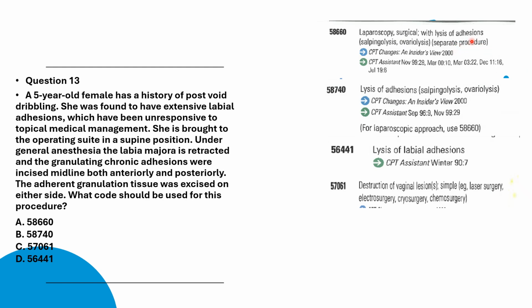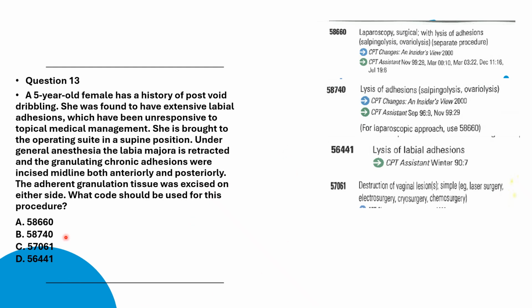Lysis means the breakdown of the adhesion, and it is laparoscopy. First of all, I do not see any laparoscopy in this particular encounter, and secondly, this adhesion is for the fallopian tube and the ovaries. Of course, it has happened to the labia majora, so that is another important consideration.